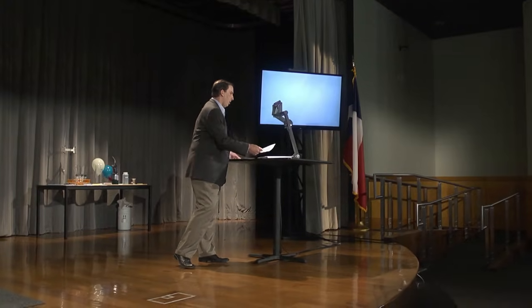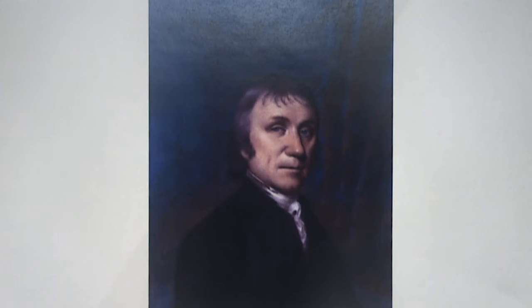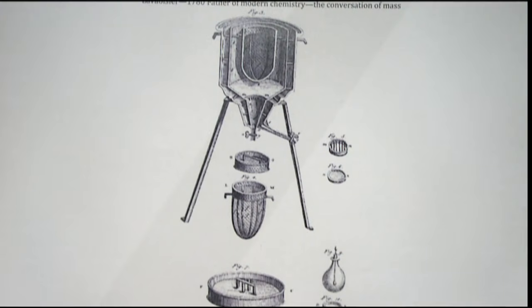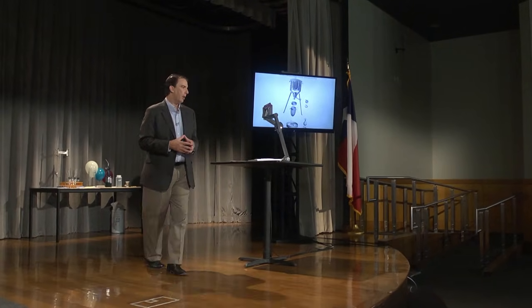Other scientists came along in the late 1700s. Lavoisier was able to actually isolate oxygen and use it to combust compounds. Lavoisier was able to create, using calorimetry, a good idea about the energy content sitting inside of compounds.